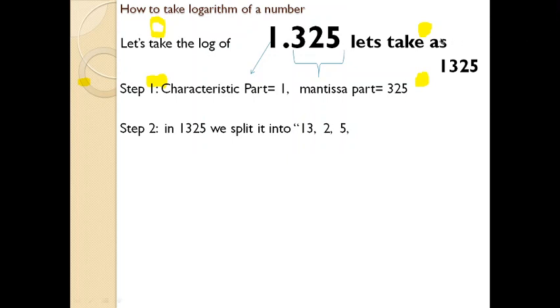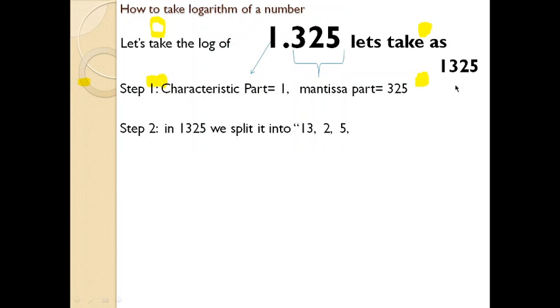First of all, step 1: from the examination point of view, you don't have to identify this characteristic part or Mantissa part. You need to go from step 2. First of all, we have identified the entire number as 1325. From this number 1325, you need to split into 3 parts. The first 2 numbers will be the first part, that is 13, followed by 2, that will be the second part, and 5 will be the third part.